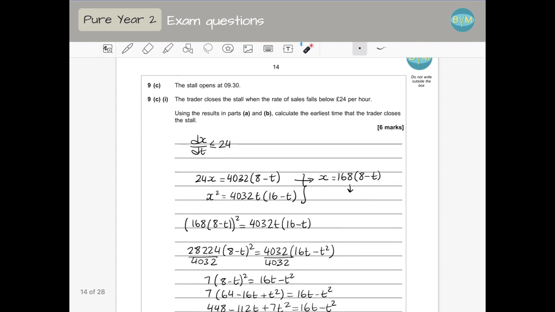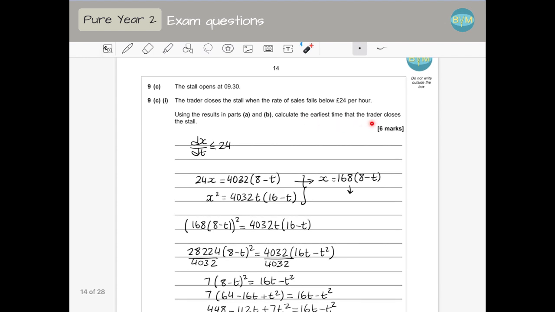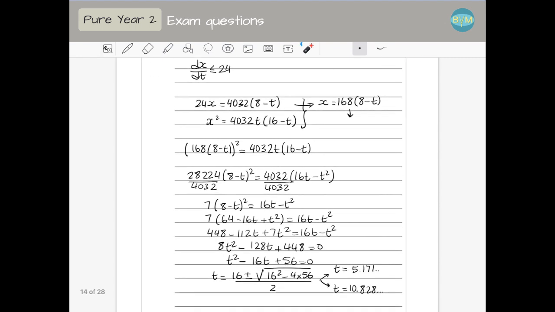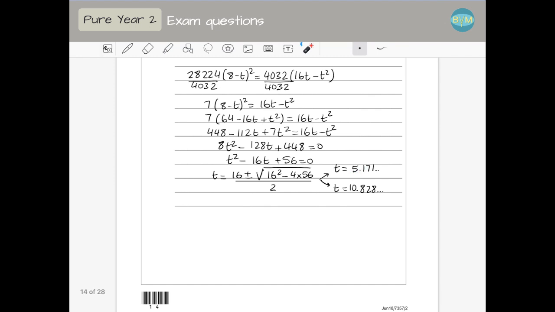And they say calculate the earliest time that the trader closes. So we started at 9:30 and we need to add 5.17 hours. The way of doing this would be writing those hours. So 5.17 hours is going to be 5 hours and 0.17 hours.